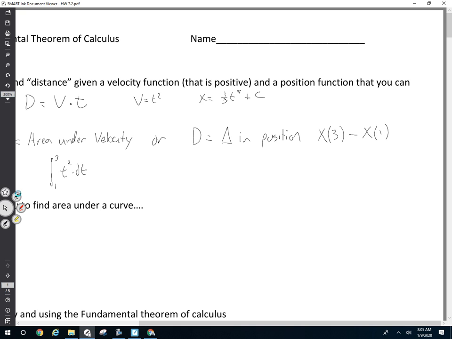But knowing that c is going to be just a constant number, if I plugged in 3, I keep the c, and then if I plugged in 1, I find that the c's will go away. This c will cancel with this c, and I end up with 27 thirds minus 1/3, which is 26 thirds. There's your answer.